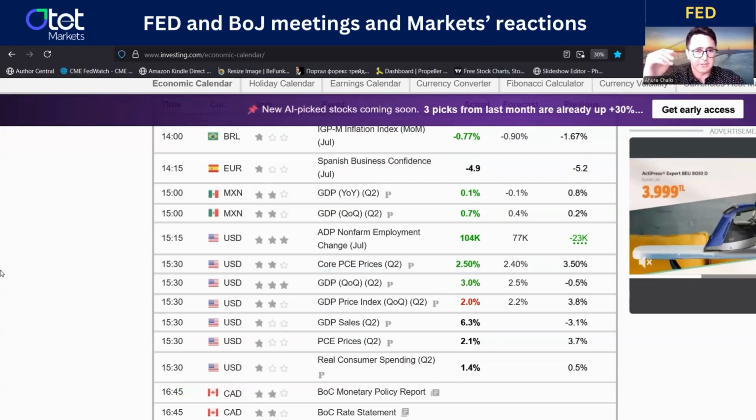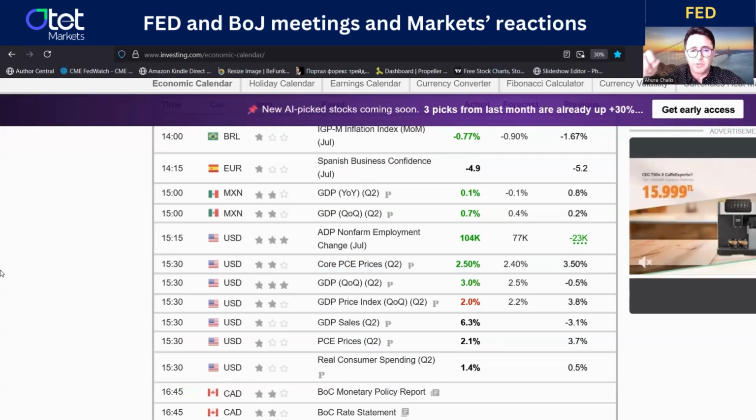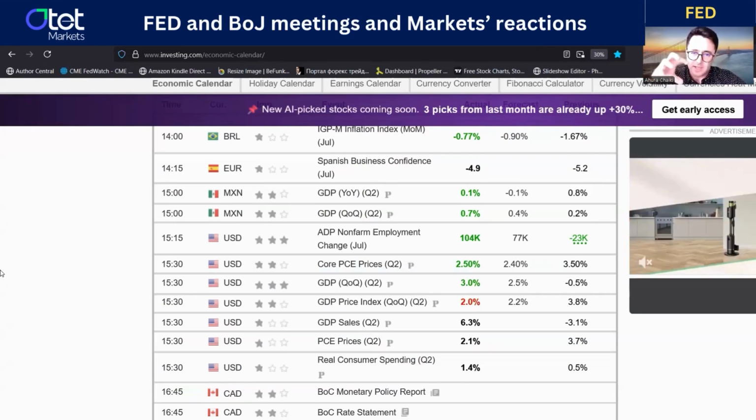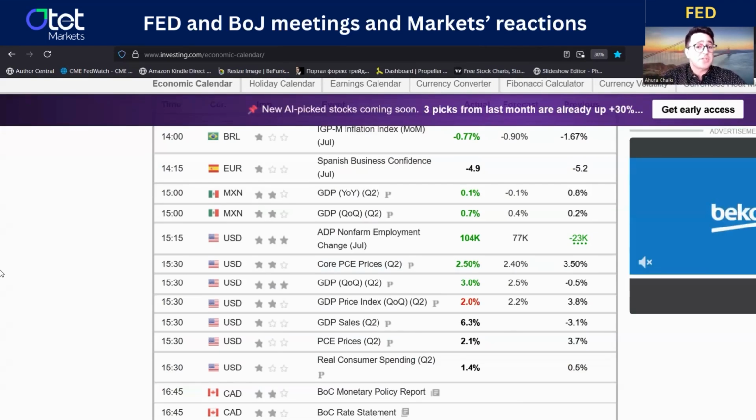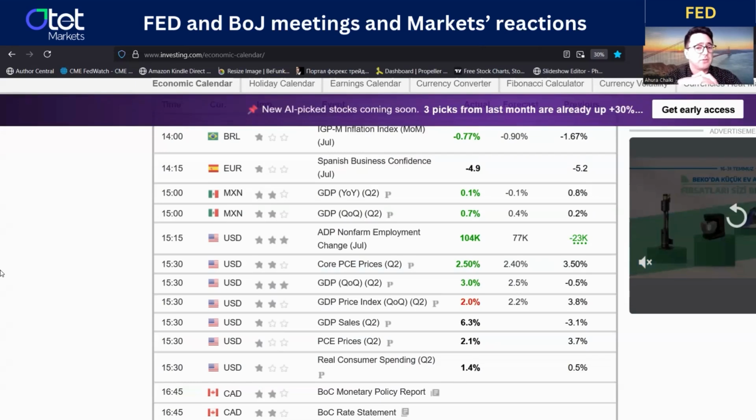Headline inflation is not basically lower, but the core PCE price index is what the Fed uses as the base for measuring inflation. So we can say that inflation is still high. Even though it is much lower than the 2022 peaks, it is still much higher than the Federal Reserve's 2% target.